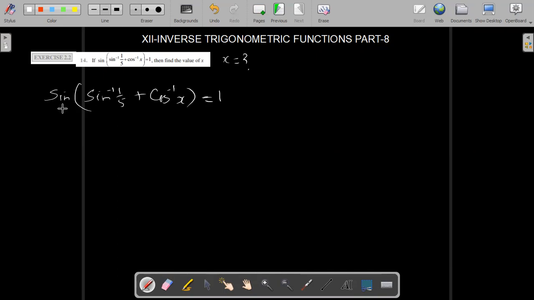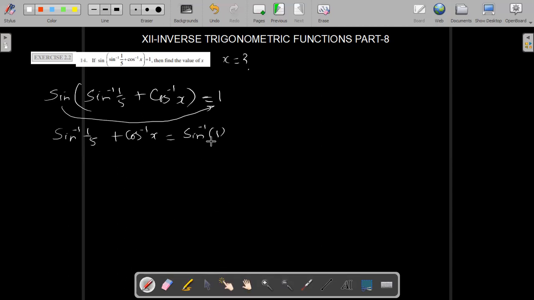If you bring this sine to the other side, it will become sine inverse. So sine inverse 1/5 plus cos inverse x will be equal to sine inverse 1. And the value of sine 90 degree is 1.